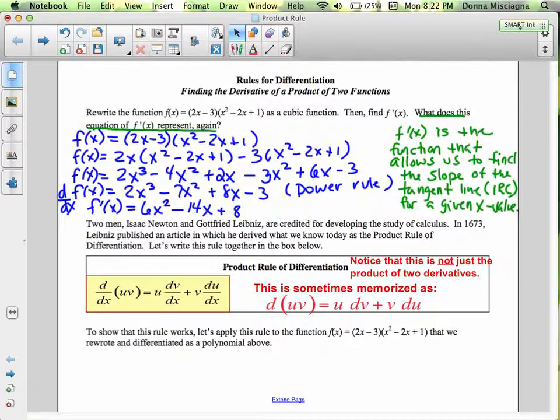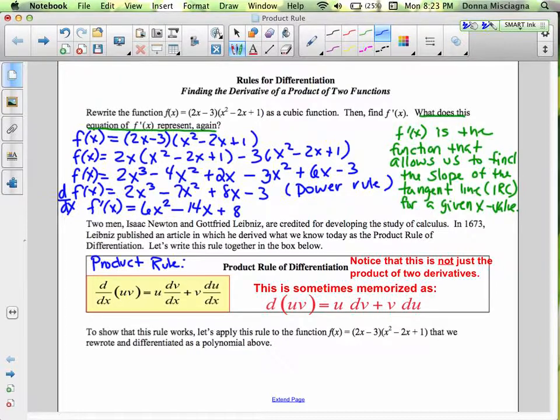So we want to take the derivative of a product, UV, which just represents two factors in our product. Another way we can do this, besides simplifying out and using the power rule, is the product rule. Now I'm going to write product rule right above it.